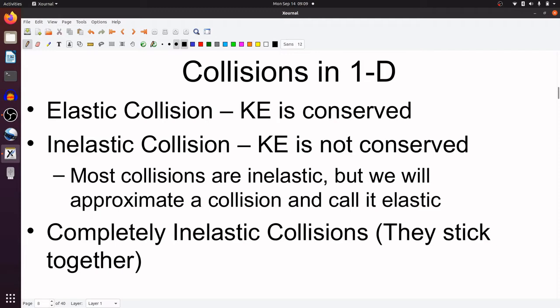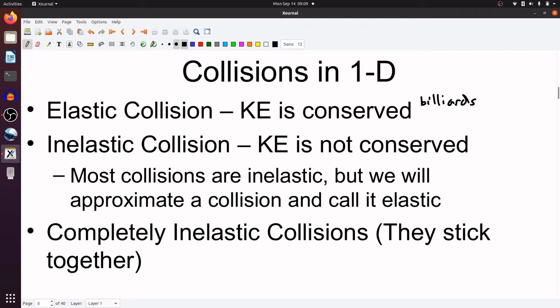There are really 3 types of collisions and 2 that we really deal with. There are elastic collisions, where kinetic energy is conserved. This is like a billiard ball example. Billiards is the common usage of elastic collisions.